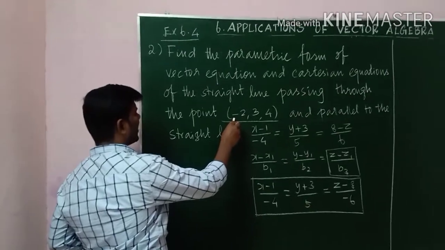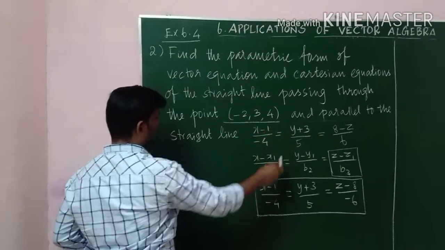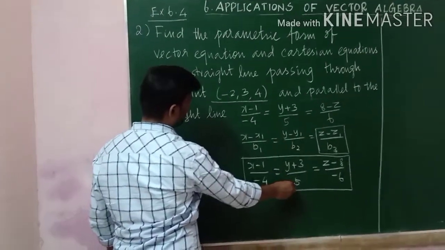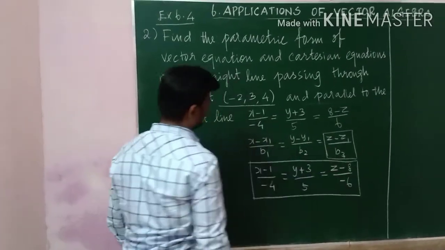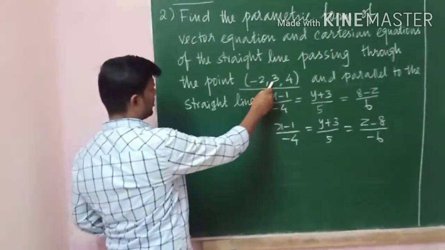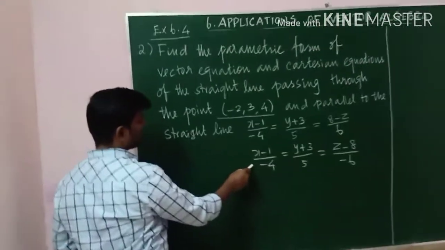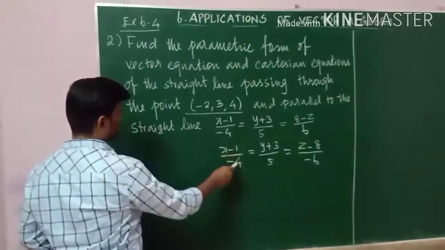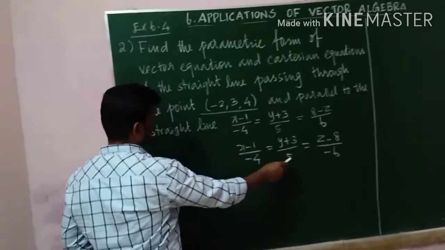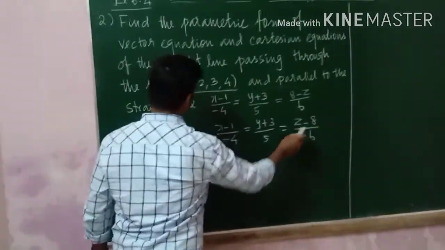Here the given point is minus 2, 3, 4 and the parallel vector is b1 minus 4, b2 5 and b3 minus 6. So the straight line passes through the point minus 2, 3, 4 and is parallel to the straight line x minus 1 by minus 4 equal to y plus 3 by 5 is equal to z minus 8 by minus 6.